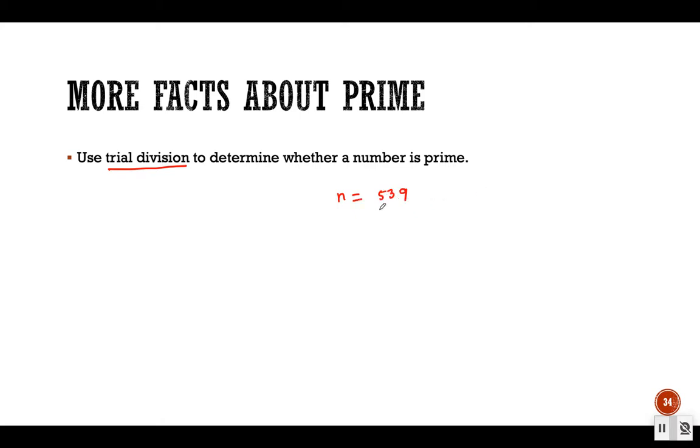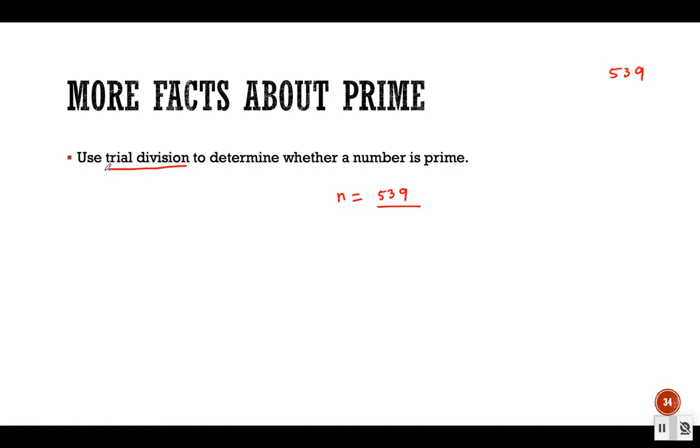If we find that it doesn't have any divisor other than 1 and 539 itself, then we can say it's a prime number. But for 539, I cannot think of considering all the numbers less than 539.